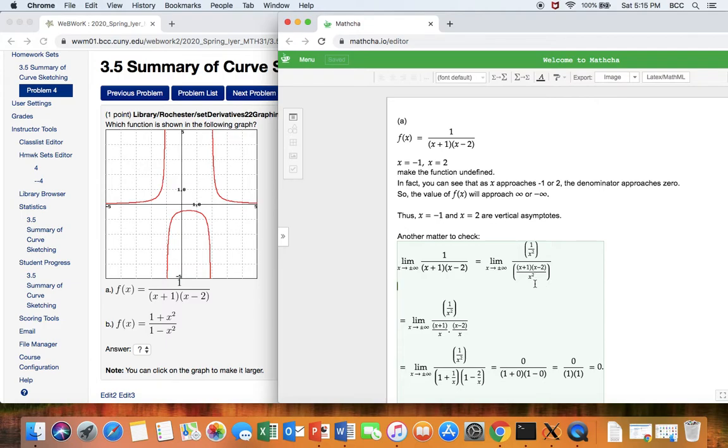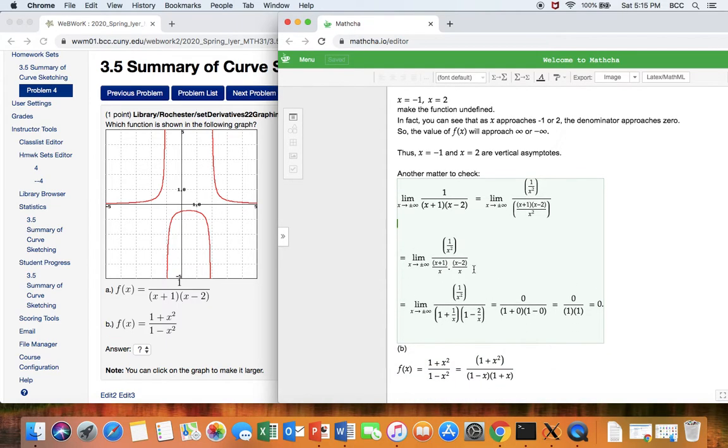This x squared gets split into x and x, because I have two factors here. So 1 over x squared in the numerator, and x over x and x minus 2 over x in the denominator. Now distribute the division. You get 1 plus 1 over x and 1 minus 2 over x.